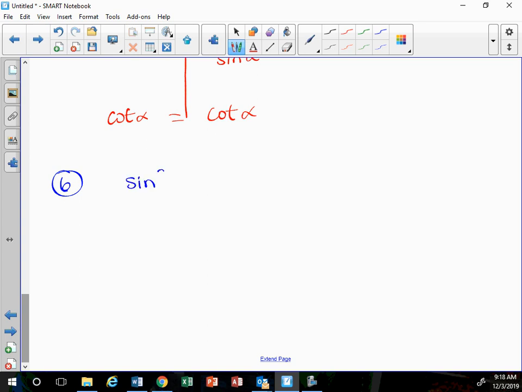All right guys, this is gonna throw some new stuff at you, okay? Sine squared over 1 plus 2 cosine theta plus cosine squared theta equals, how hard do we make this?